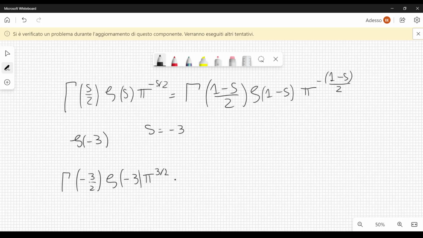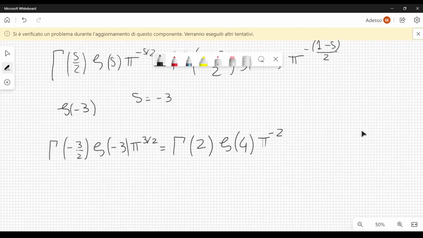On the right, we have gamma of 1 minus minus 3, which is 4, divided by 2, so we get gamma of 2 times zeta of 4, and then we get pi to the power minus 2 here. So this is the equation that we get.